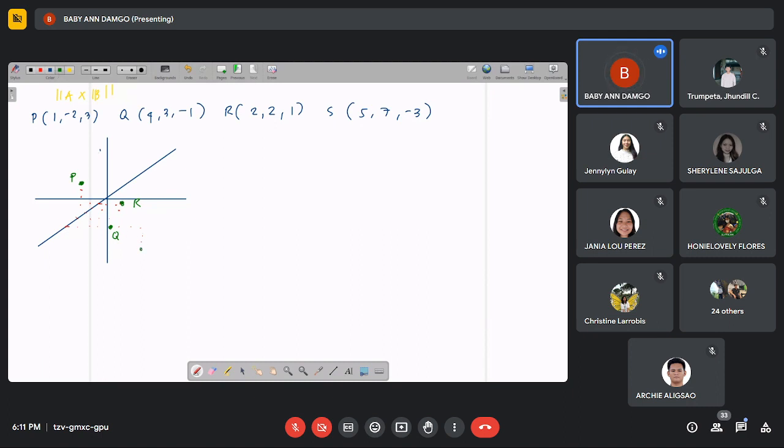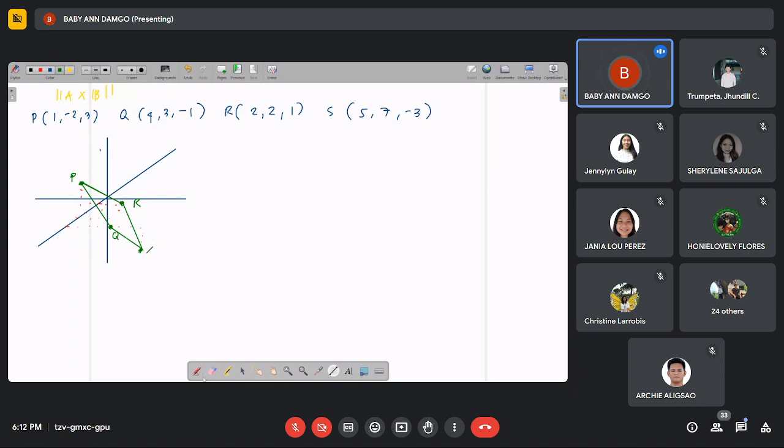So we have this point. So if we connect them, we assume this is a parallelogram. There is some disparity because the points are not exact, but it is still a parallelogram.